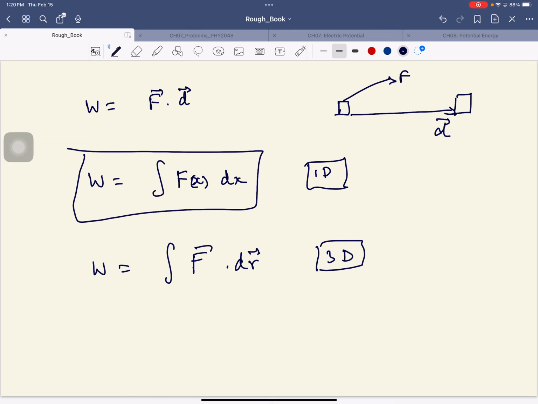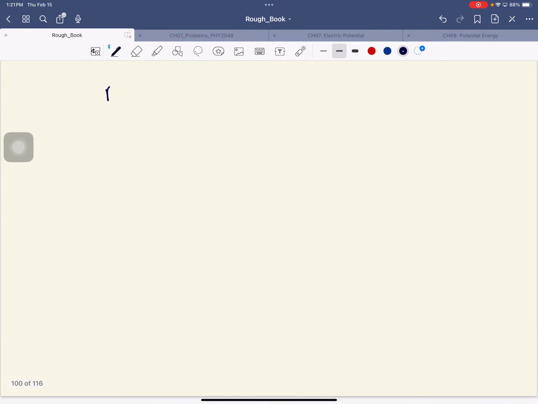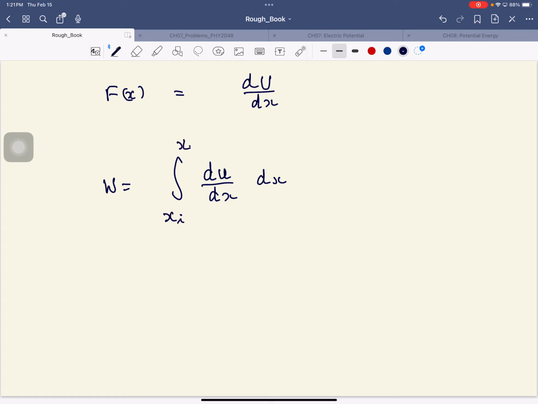Now this entire chapter is the following. What if the force is given by this function? So this entire chapter is based on the fundamental theorem of calculus, du by dx. Then the work done is the integral of du by dx, going from this initial position to the final position.